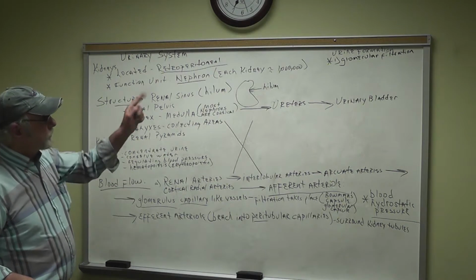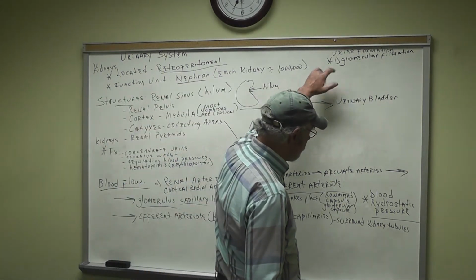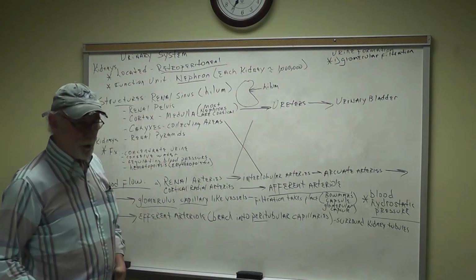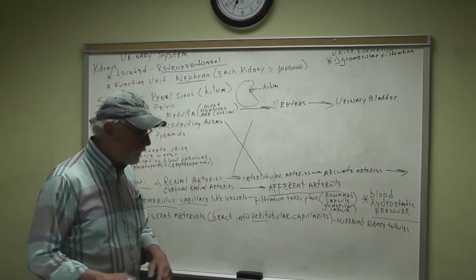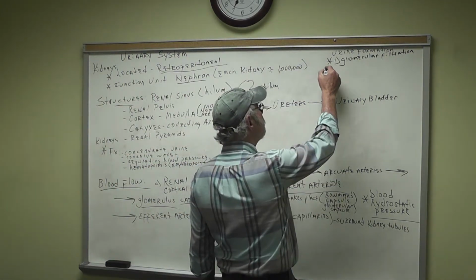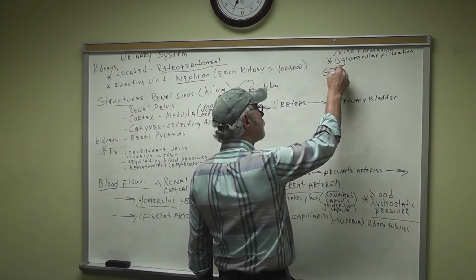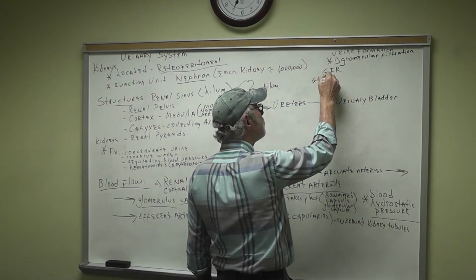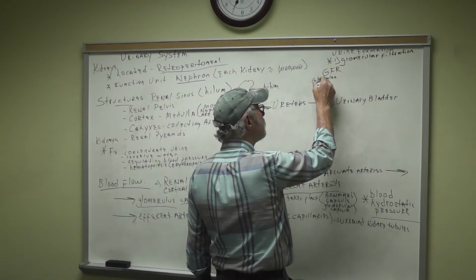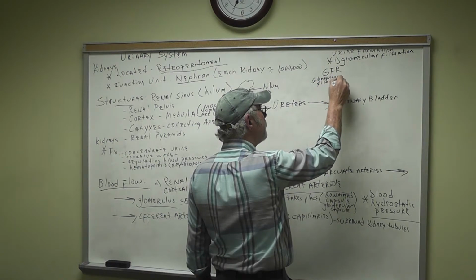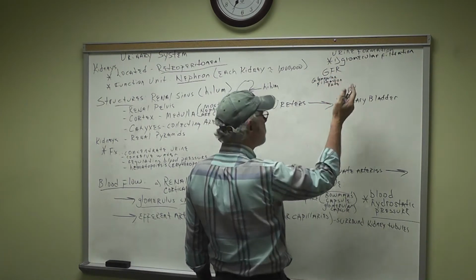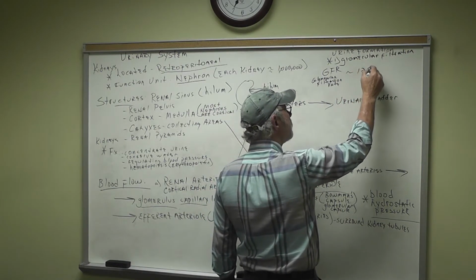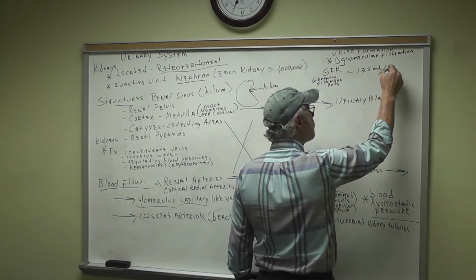First step in urine formation is filtration. Just as an aside, on average, for the average adult, the GFR, the glomerular filtration rate, is about 125 milliliters per minute.